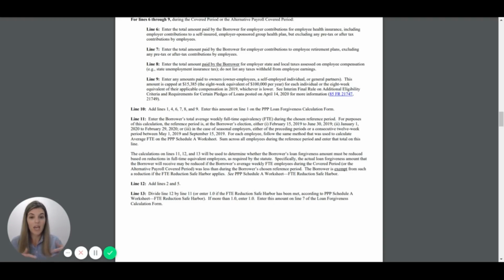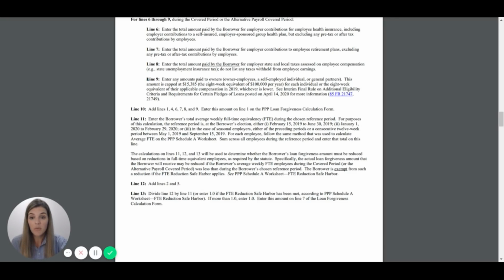Okay? Because we can't pay you more than $100,000 in the year, because the intention of the PPP is to make sure that people who are making less than $100,000 a year are still being taken care of. They're not really too worried about the people who are making $300,000, $400,000, $600,000 a year. They're saying we will give you up to this much.